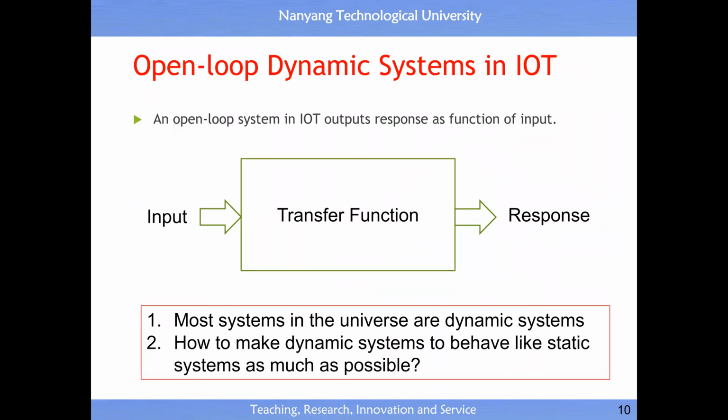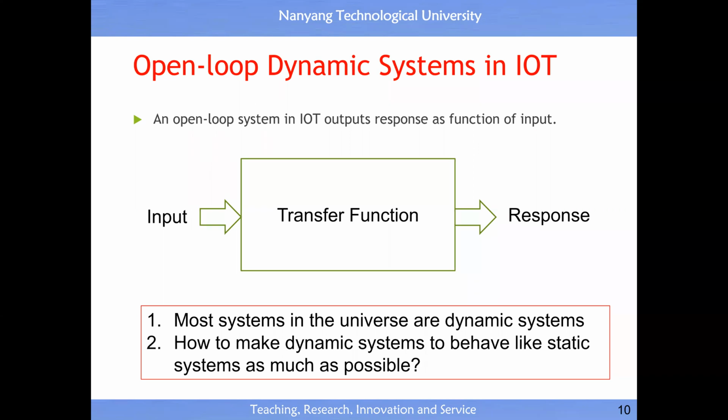And last week I also mentioned that the best system in the universe should be a static system, but the bad news is in the universe, most systems are dynamic systems. Then we need to transform dynamic systems into static systems as much as we can, all right?